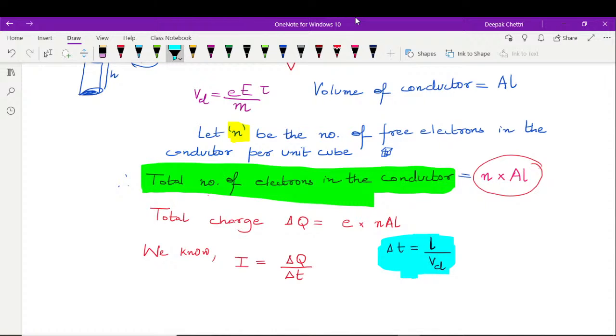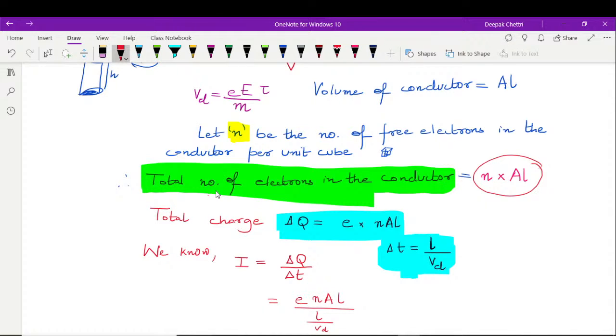Now if I put the values, delta q we got as this value, and that is your delta t. So I will be equal to E n a l divided by L v d.